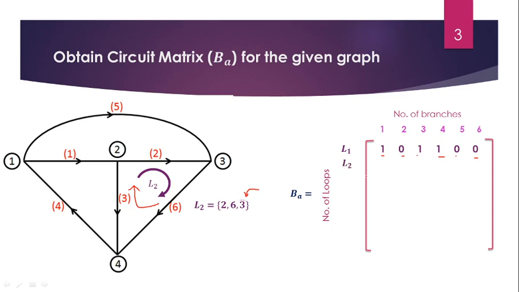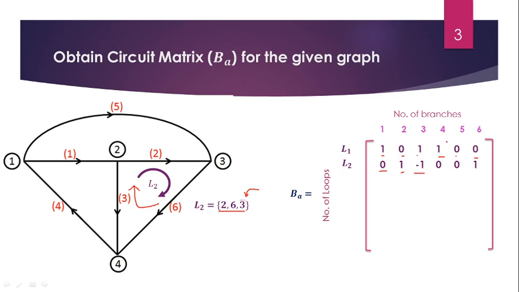This is for loop 2. Is branch 1 associated with loop 2? No, so that's why it's 0. Branch 2, yes, having the same direction, so +1. Branch 3, is it part of the loop but with the opposite direction? So from this set also we can directly write the value.